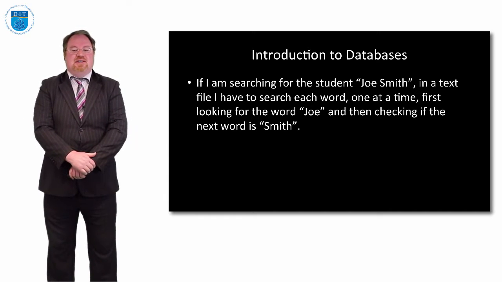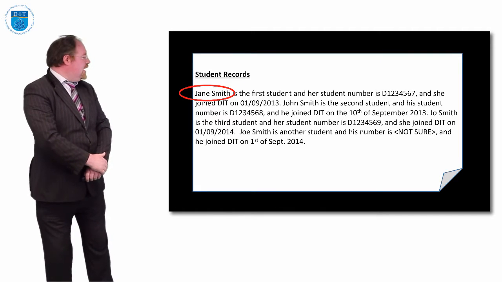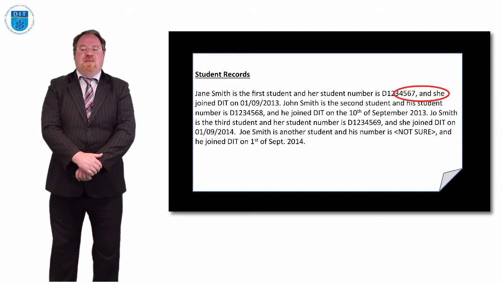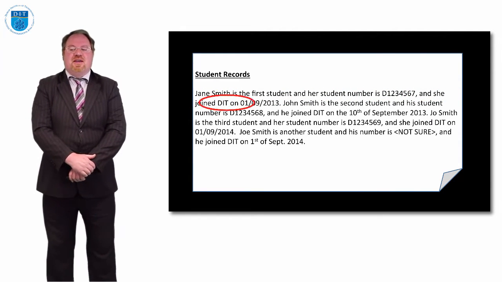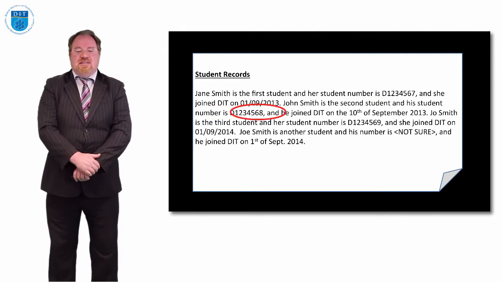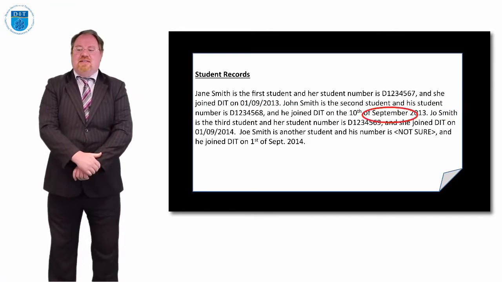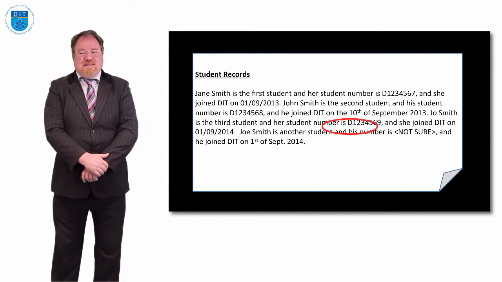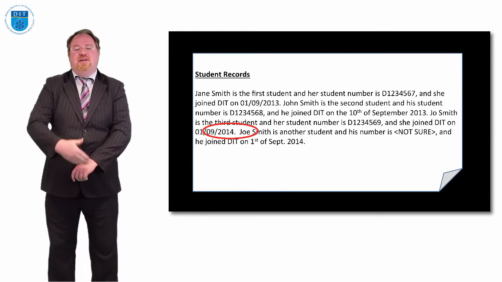So let's look at that simulated. Here's what happens doing the search. We're looking for Joe Smith. It goes across the first line, goes across the next line. It keeps searching until it finds the name Joe Smith. So it has to search what we call sequentially, that is one after another, after another, until it finds the name Joe Smith, and then it stops.